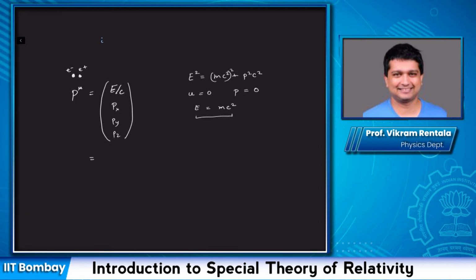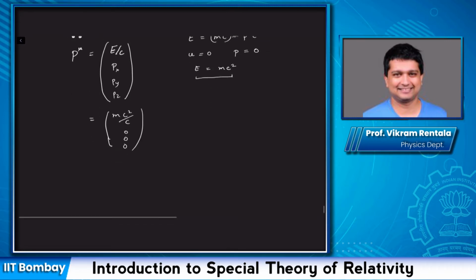So what this tells us is the energy of the particle divided by c is mc² for each particle, and if we take both the electron and the positron, the 4-vector sum for both of these will be 2mc², because both electron and positron have the same rest mass, divided by c, 0, 0, 0.